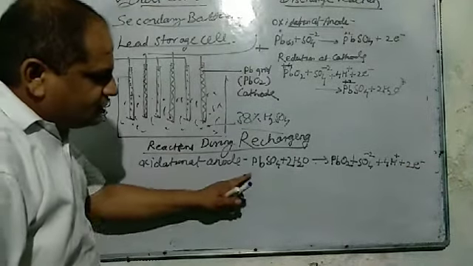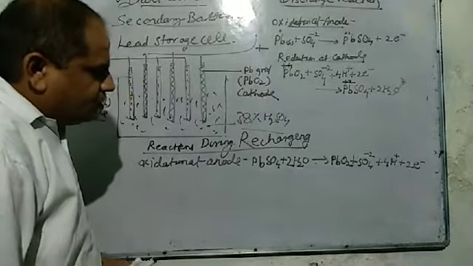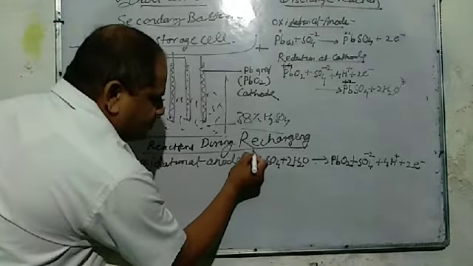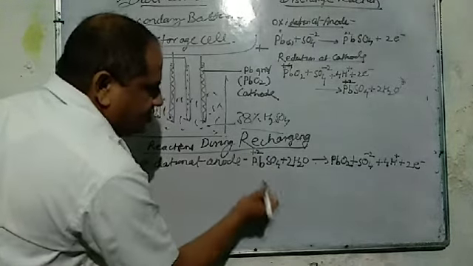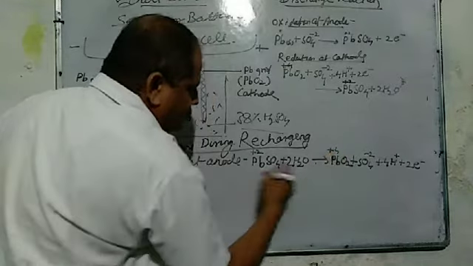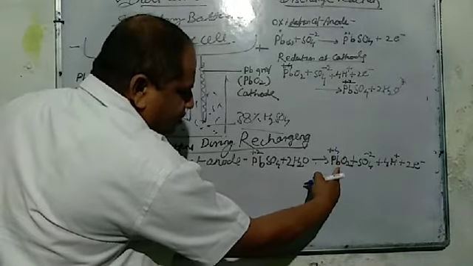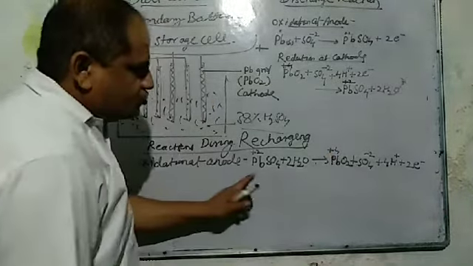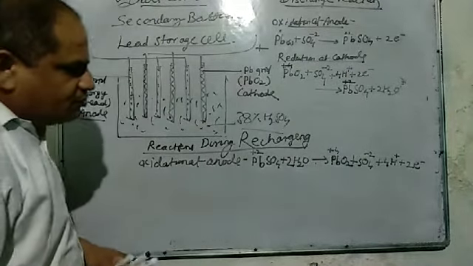This is the oxidation reaction taking place at anode. Here, as you see, Pb is in +2 oxidation state and here +4. So Pb2+ is being oxidized into Pb4+. So oxidation reaction is taking place there.